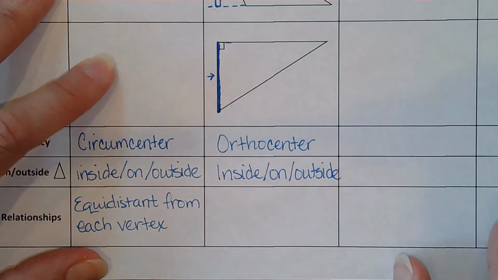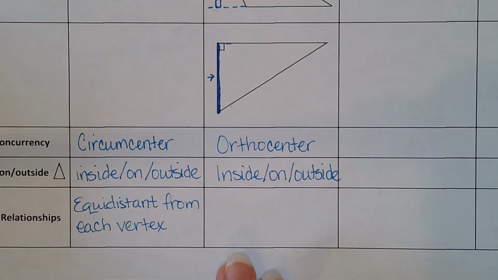And as far as the special relationship with the point of concurrency, there isn't any kind of special relationship. All right, so we're going to leave that one blank. There's no kind of special relationship there. We get a freebie on that one.